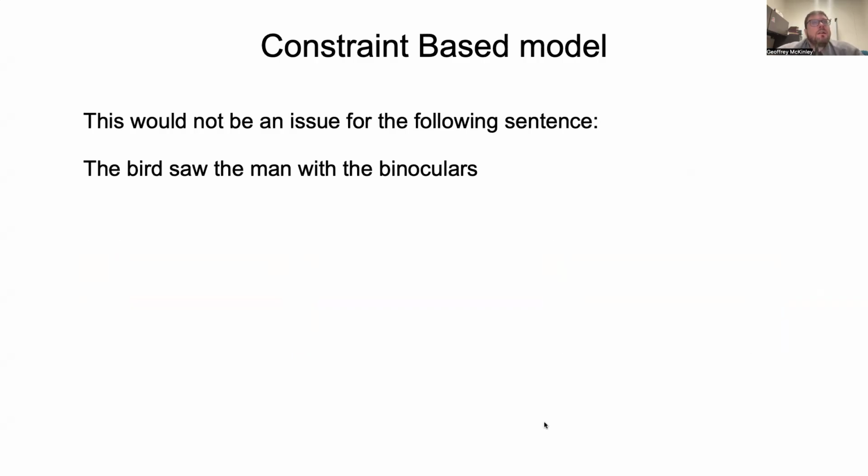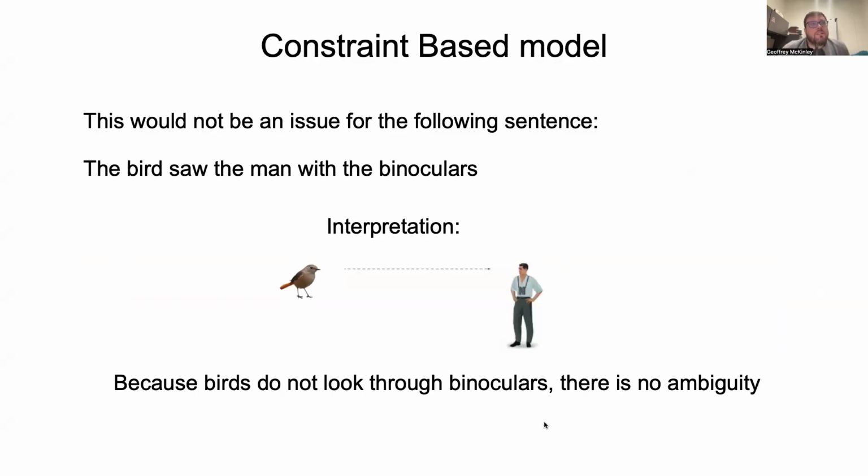But this would not be the case if we saw the sentence "This bird saw the man with the binoculars," because birds don't look through binoculars, and so there is no ambiguity in this example.